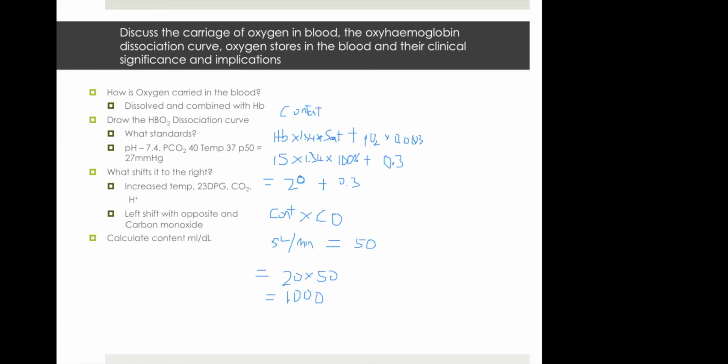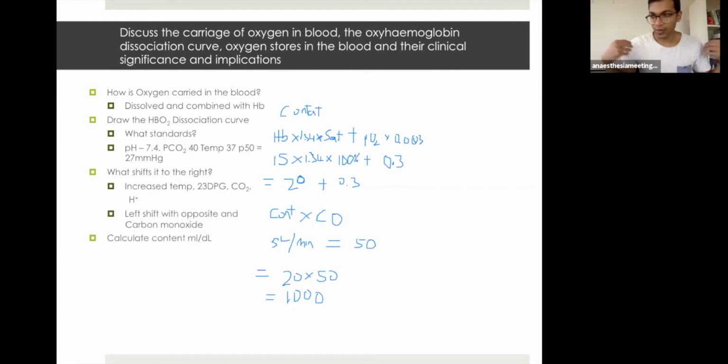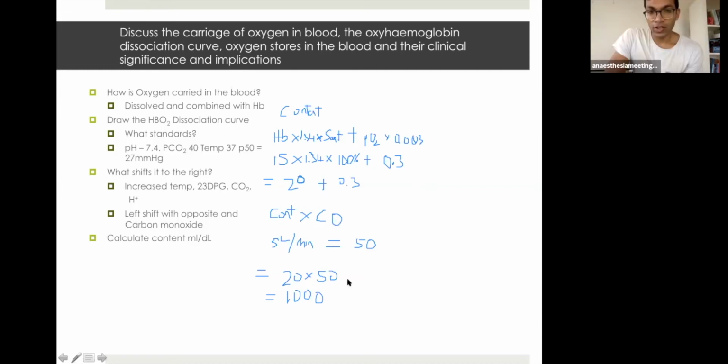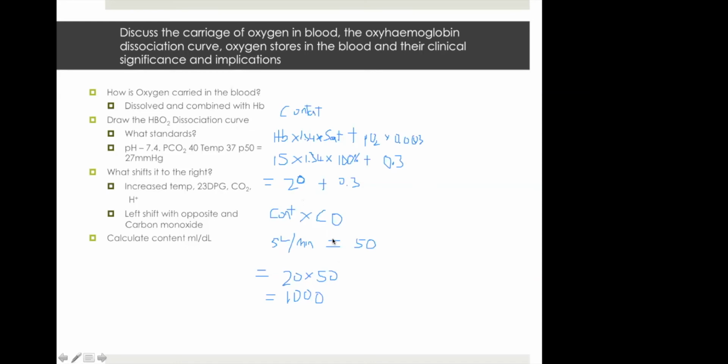Yep, and we need 250 mils per minute. Exactly. So your basal metabolic rate is roughly 250 mils per minute. Any questions before we move on? Sorry, just quickly, the unit for oxygen content? It's mils per deciliter. Mils per deciliter, great, thanks.